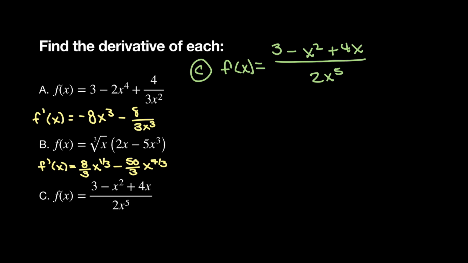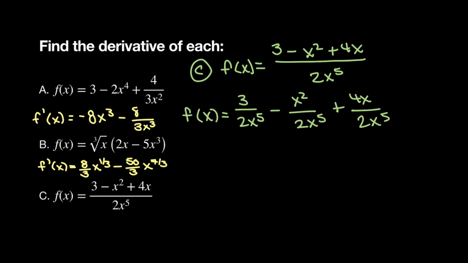And so because this is a quotient, I'm going to try to simplify it by doing the division before I take the derivative. Another theme in calculus is frequently, if you can do algebra to simplify before you actually do the calculus, it's going to make things a lot easier. So do your algebra before you do your calculus.